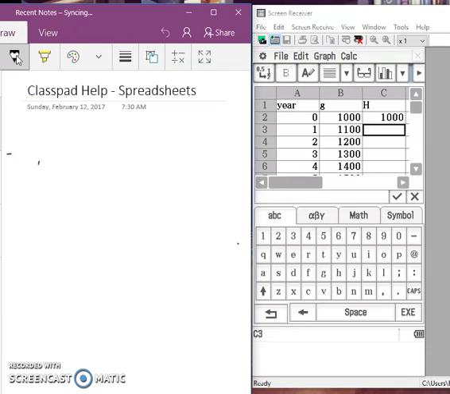Using our compound annual formula, which is on the front page of your investigation, that looks like A equals P times 1 plus our rate, to the power of t, which is years.